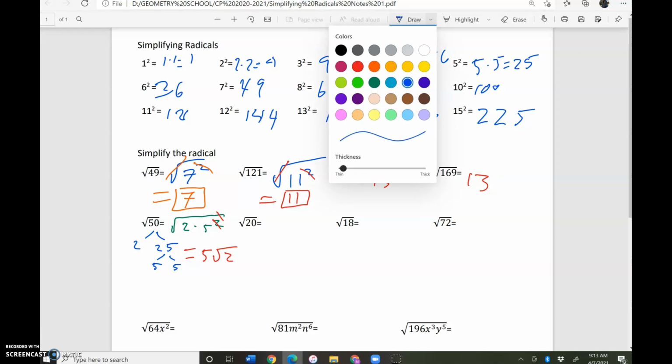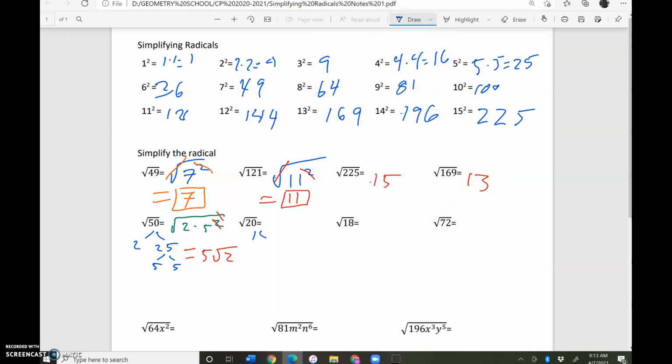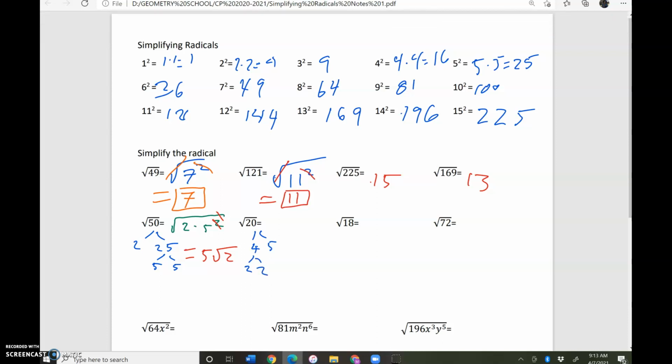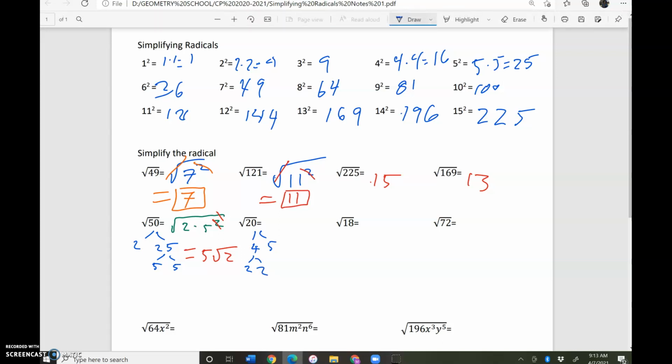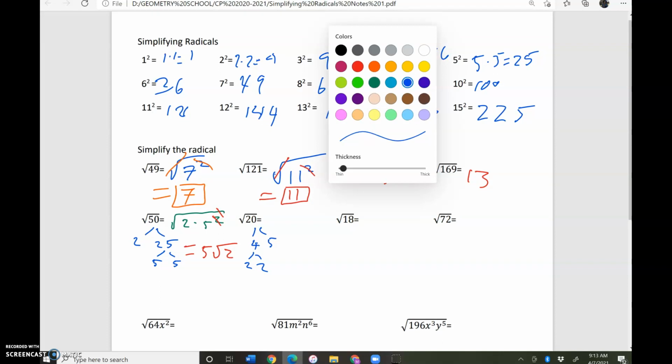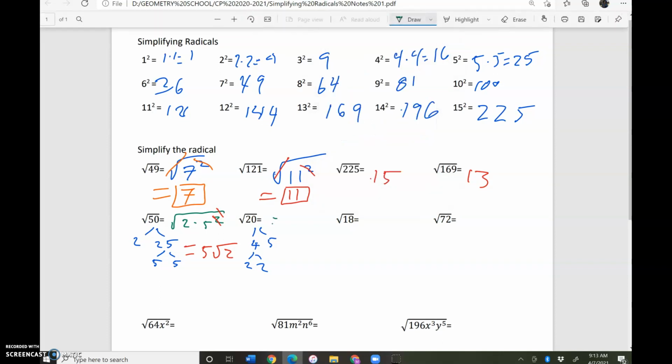Number 20. Again, tree. So that's the same thing as 4 times 5. I know 4 is the same thing as 2 times 2. So I've done my prime factors and I did my tree. I'm going to go ahead and rewrite the radical. So this is the same thing as the square root of 2 squared times 5.